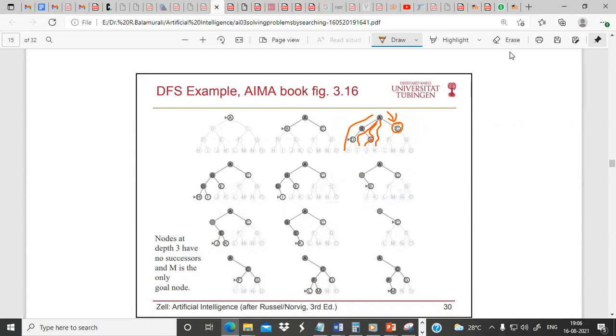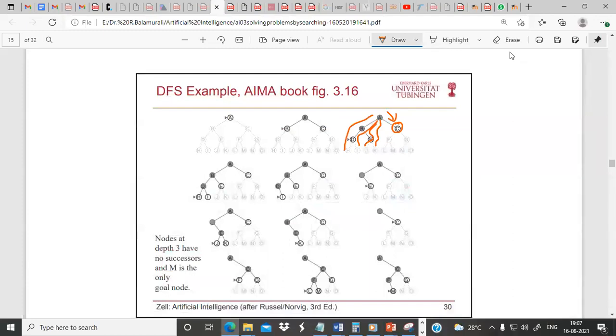Because of this, it is not optimal. DFS is complete in finite space, but in infinite space it is not complete in both the graph search and tree search versions. And it is not optimal in both versions, whether you use graph search or tree search.